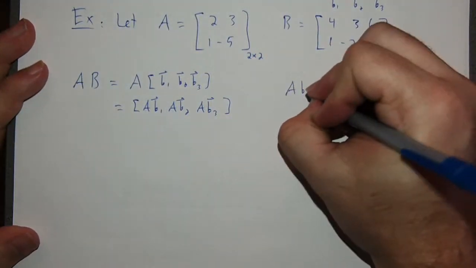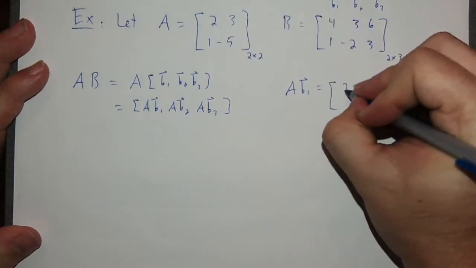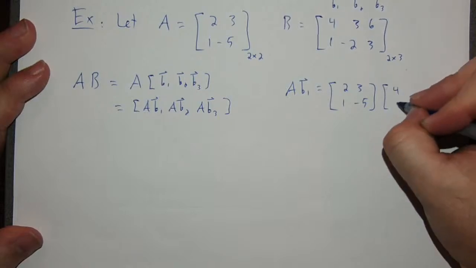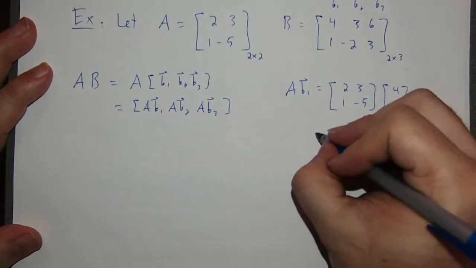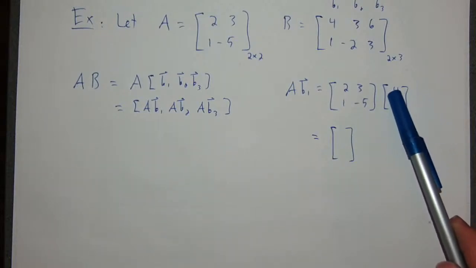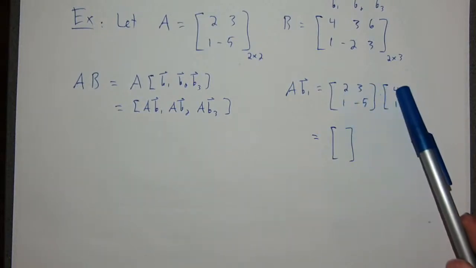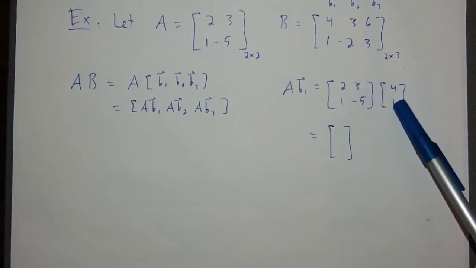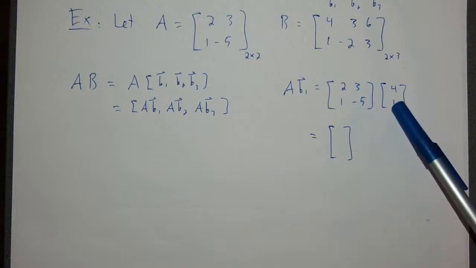So what's AB1? AB1 is the matrix 2, 3, 1, minus 5 times B1, which is the vector 4, 1. So how do I write out this product? This is a 2 by 1 vector. I write this as a linear combination where the vector 2, 1 has weight 4, and the vector 3, minus 5 has weight 1.